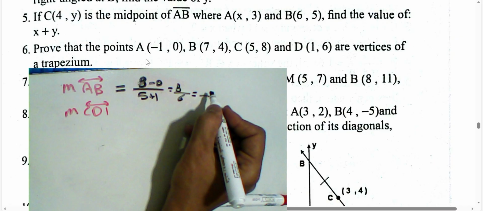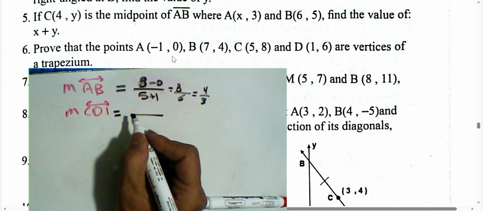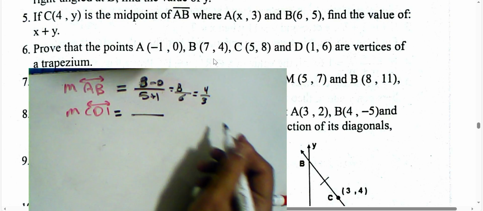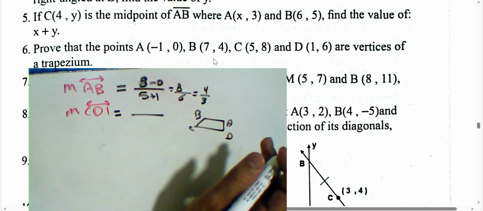The result will be 4 over 3. And about C and D, I will find CD.